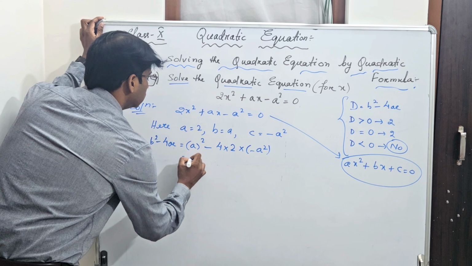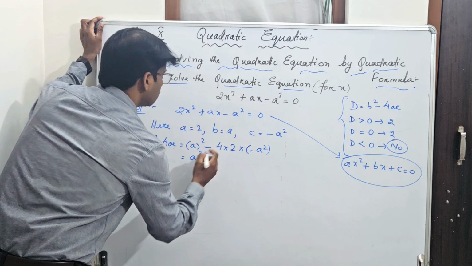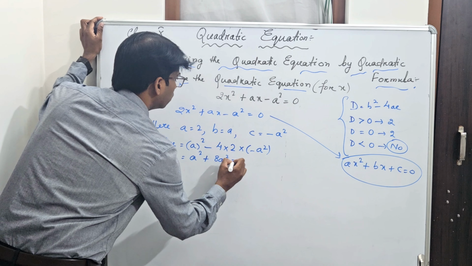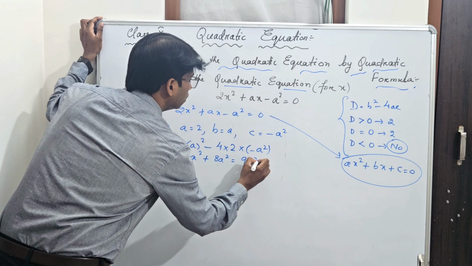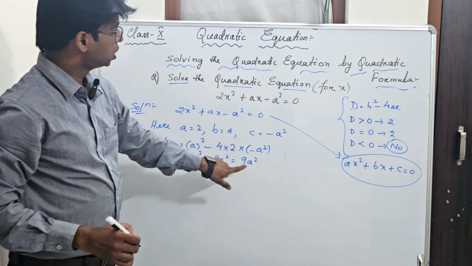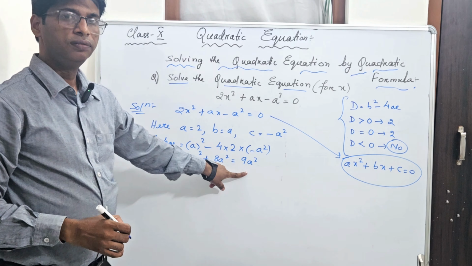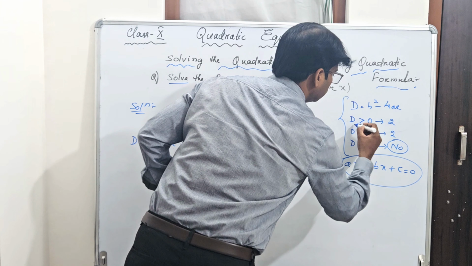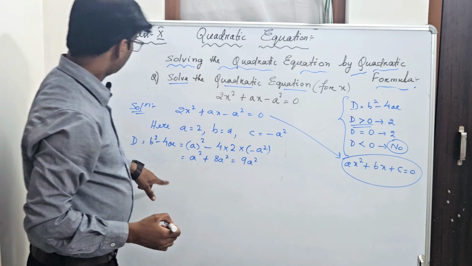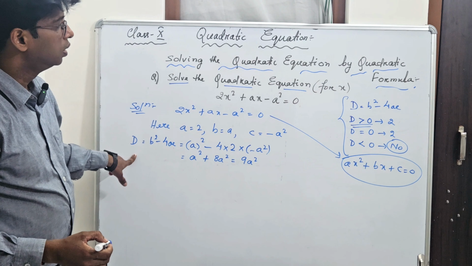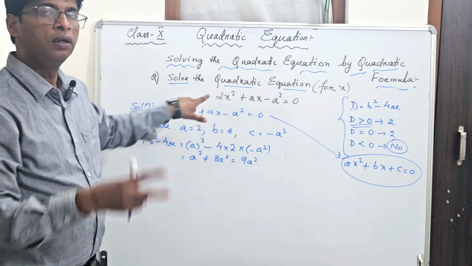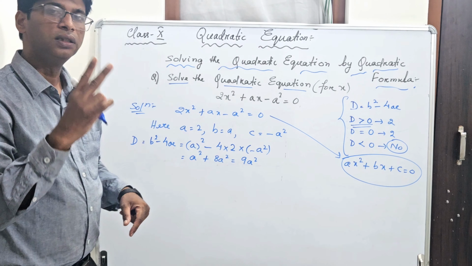This is equal to a square, then minus into minus plus, so it is 8a square. It is equal to 9a square. So don't you think 9a square will be a positive number, and all positive numbers are greater than 0? And that's why you can say here the discriminant is greater than 0. That's why this equation will be having two distinct real roots.